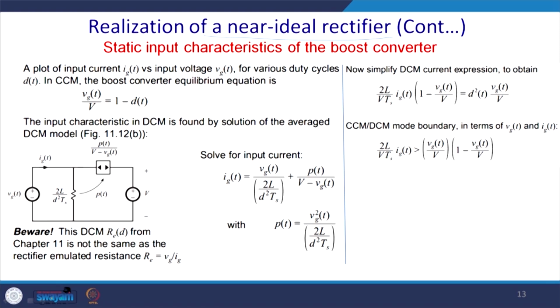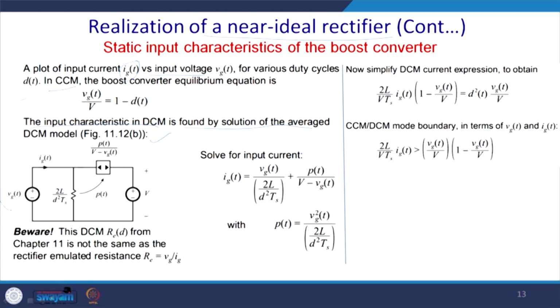A plot of the input current Ig versus the input voltage Vg for various duty cycles d(t) in continuous conduction mode: the boost converter equilibrium is Vg(t) by Vm equal to 1 minus d(t). The input characteristics in DCM are found by the average DCM model that is shown in this figure.